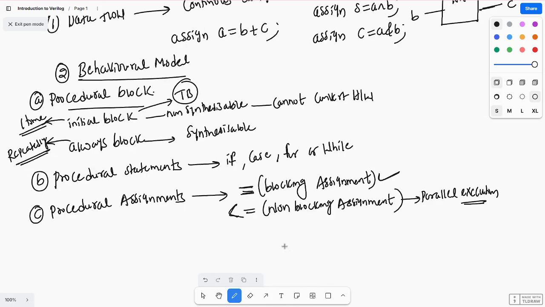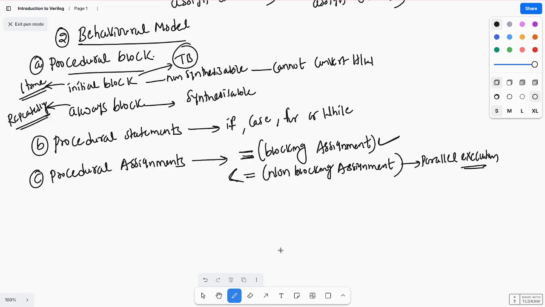So here in behavioral modeling, you are going to use the procedural blocks, those are initial and always block. Initial block is non-synthesizable, cannot convert into hardware, and always block is synthesizable. Initial block will be executed only one time, and always block is executed repeatedly. You are using procedural statements like if, else, case, for, while, repeat.